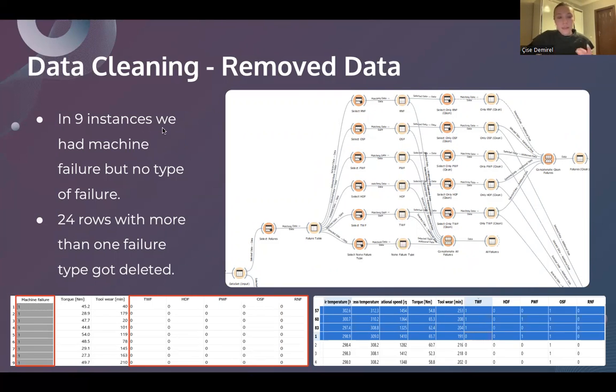And in 24 rows of our data, there are more than 1 failure. For example, in the first row, as you can see in the right part, tool wear failure is 1, and also overstrain failure is 1. We don't want that situation in our dataset, so we deleted those 24 rows from our dataset.